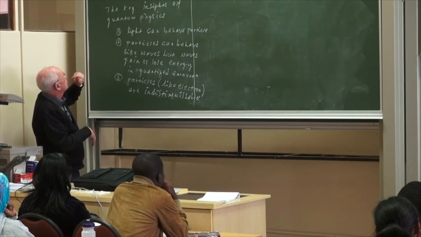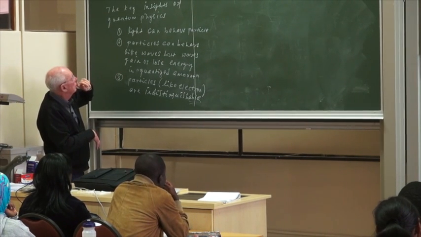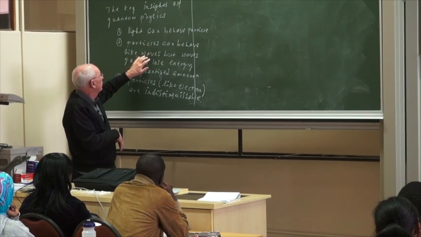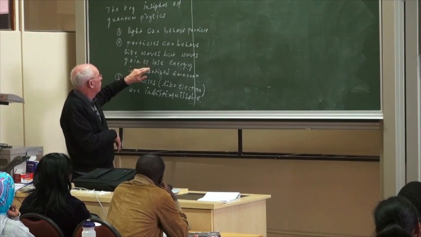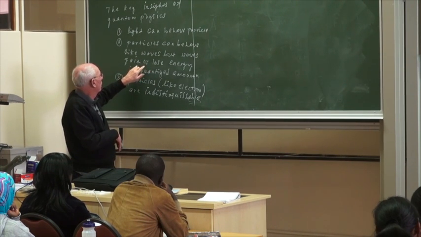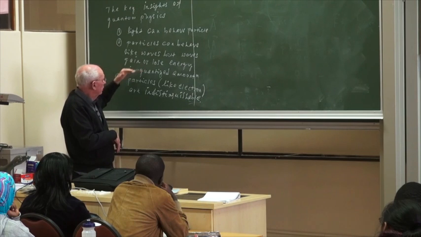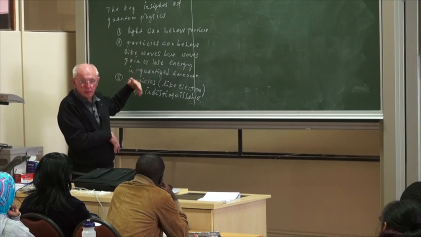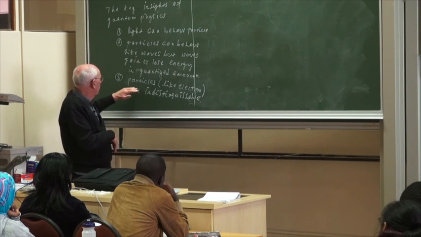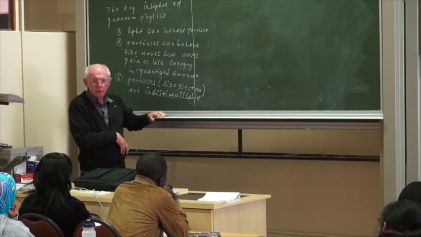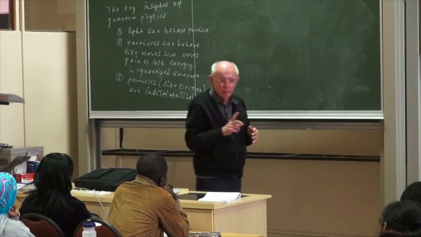The key insights of quantum mechanics: light can be a particle, particles can behave like waves, but waves gain or lose energy in quantized, discrete amounts. Particles like electrons are indistinguishable. That's a very interesting property.